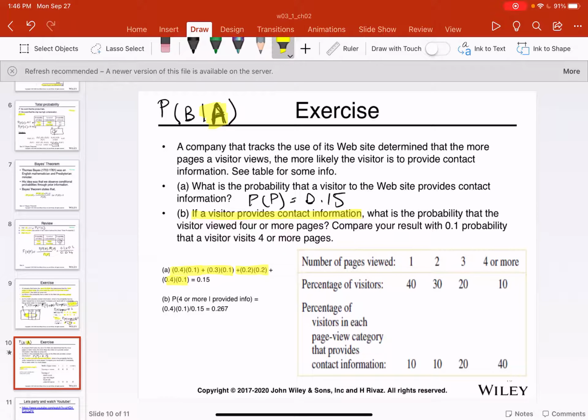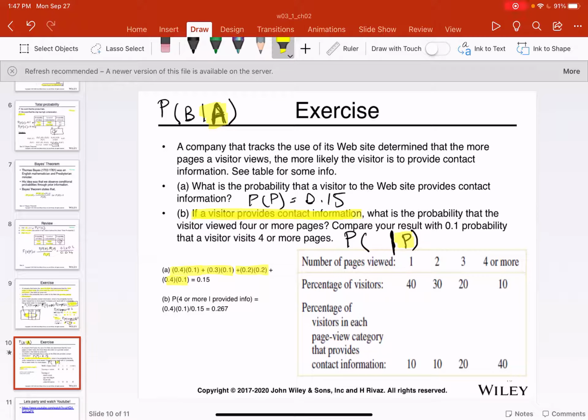So if a visitor provides contact information, that means that this part is asking, I'm just reading the first part of the question, right? Calculate the probability of something given that the person provides contact information. So given P, right? So this highlighted phrase corresponds to given P, right?